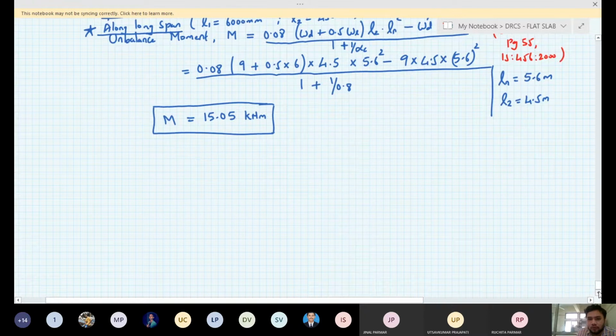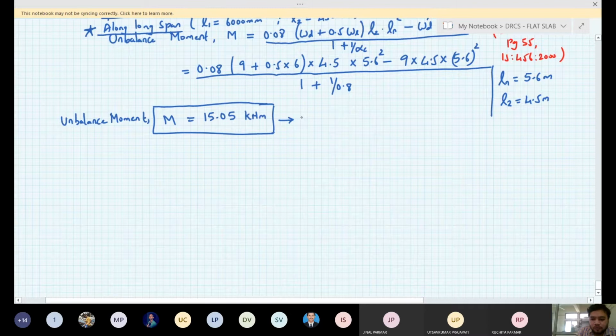Now this unbalanced moment is to be distributed among the upper and the lower columns based on the stiffnesses.